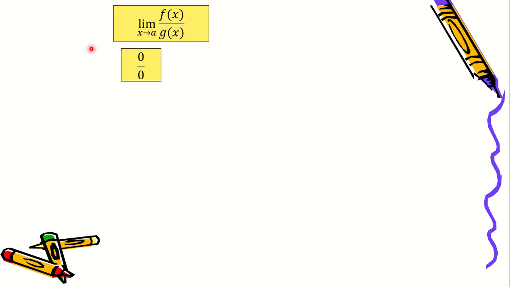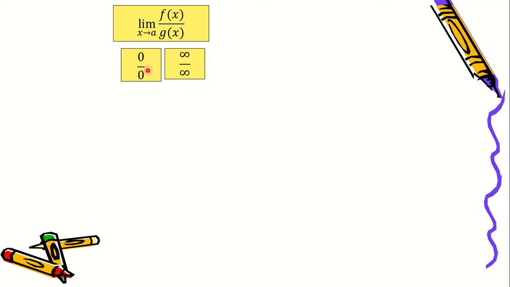So, let's begin. Let's say you want to find the limit of f of x divided by g of x as x approaches a, and let's say that this function is in the form 0 over 0 or infinity over infinity. So these are known as indeterminate forms.